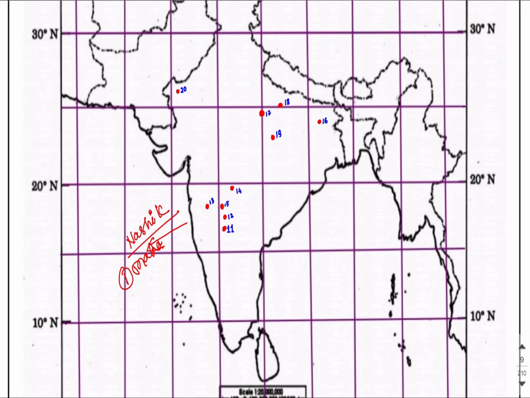That is important, right? Now the 14th site, which is very important and frequently asked by the UPSC, is Patne. This is Patne, also known as Chalisgaon, and it is present in the Jalgaon district of Maharashtra.